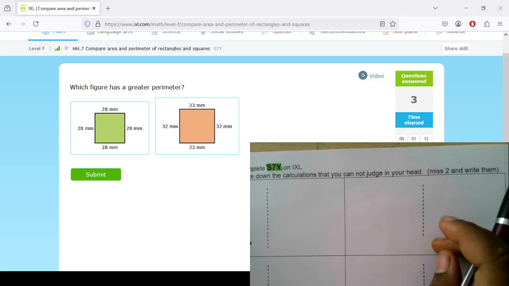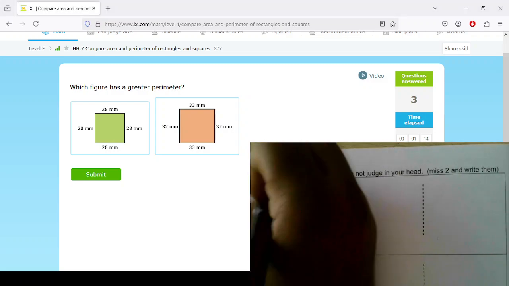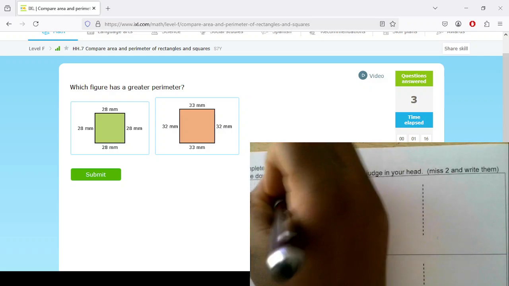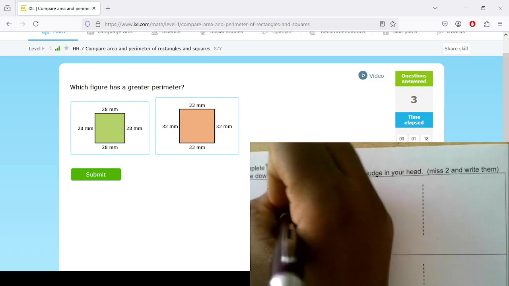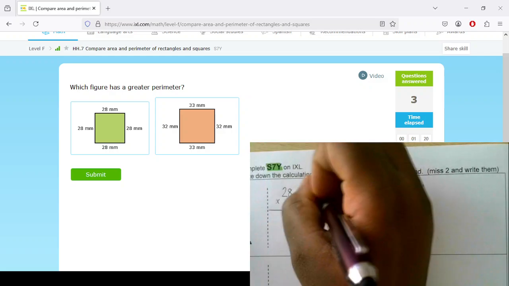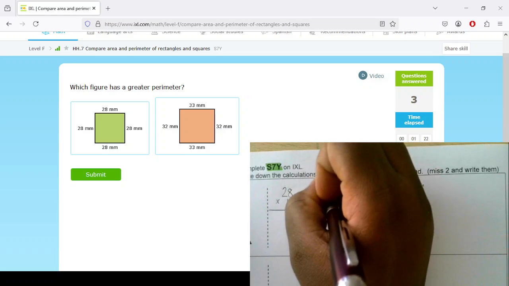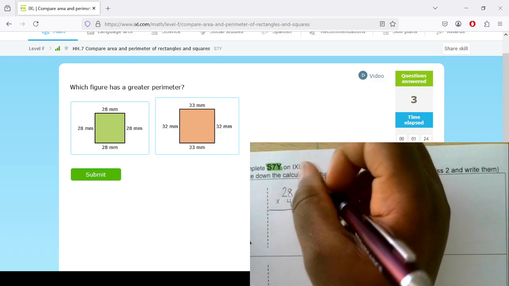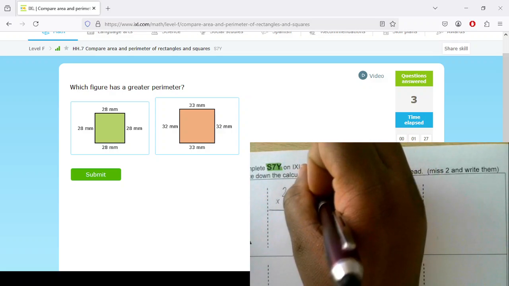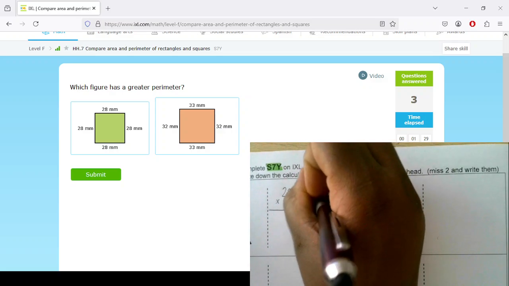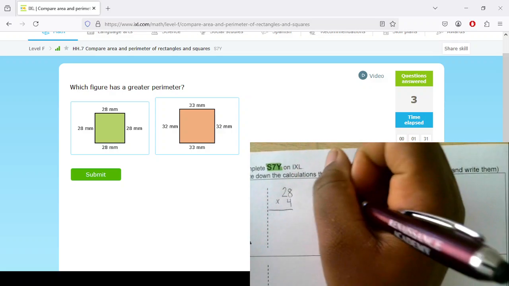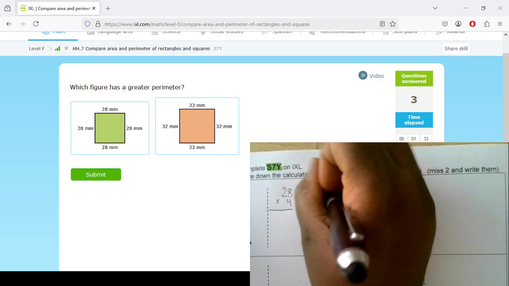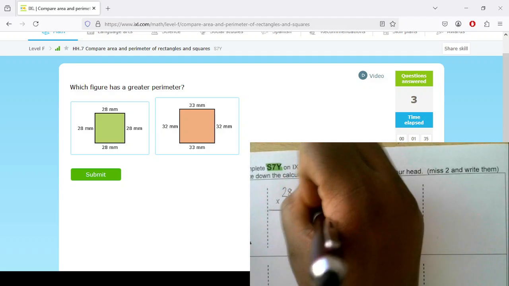So which figure has a greater perimeter? So that's 28 times 4 versus 33 plus 32 is 55, plus 55.